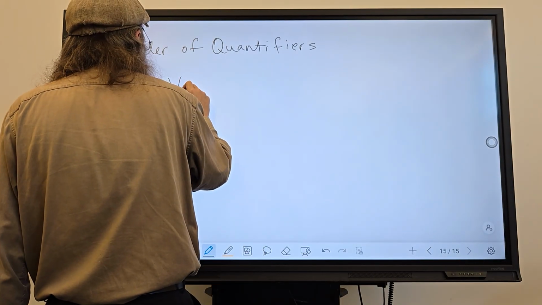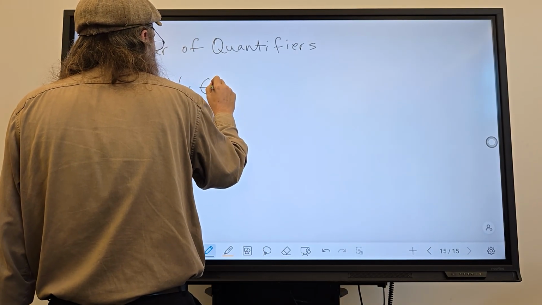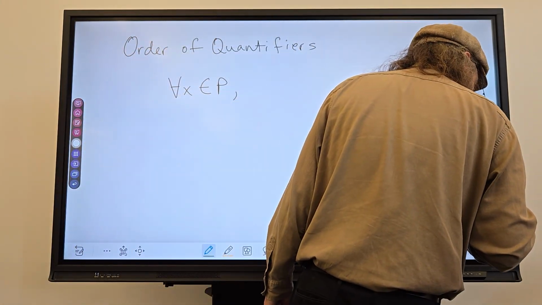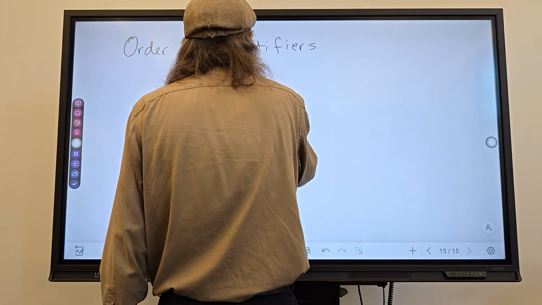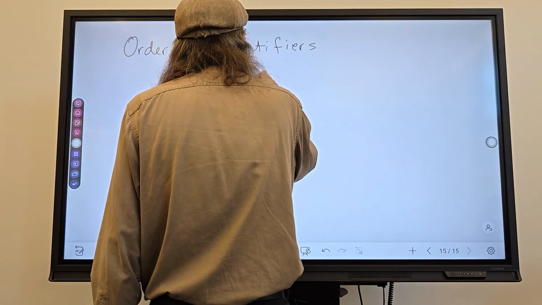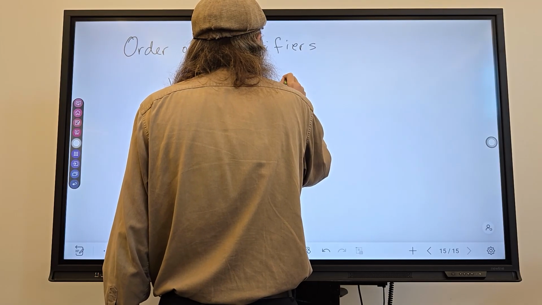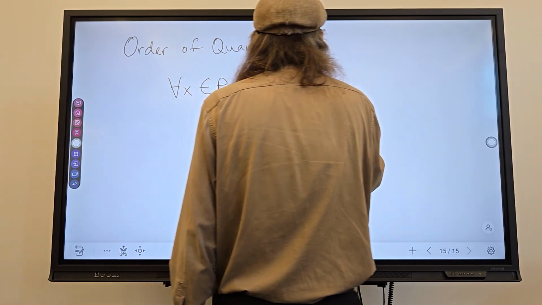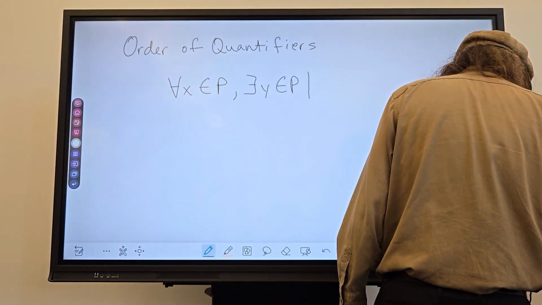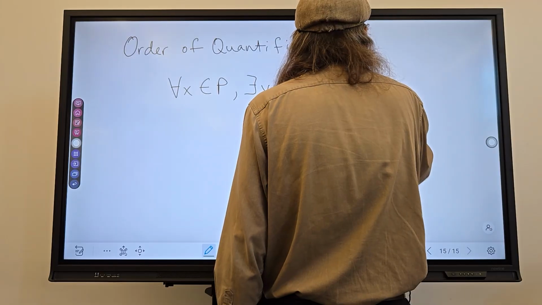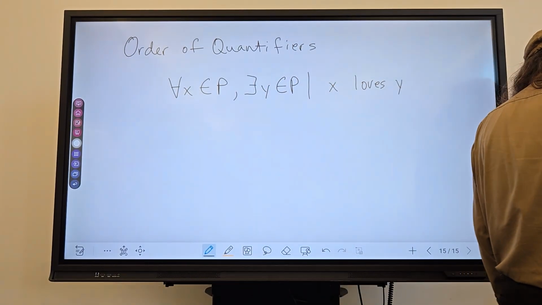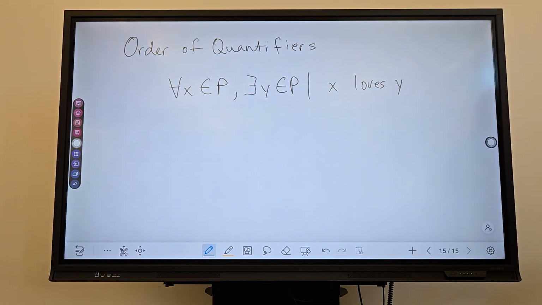For all x element of persons, there exists a y, also an element of persons, such that x loves y. Okay. Pretty simple statement.